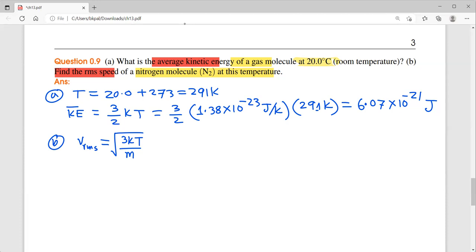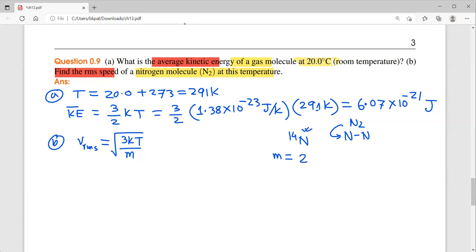For nitrogen, the atomic mass number is 14. Nitrogen molecule means we should have 2 nitrogen atoms. So N2, the nitrogen molecule, equals 2 nitrogen atoms.